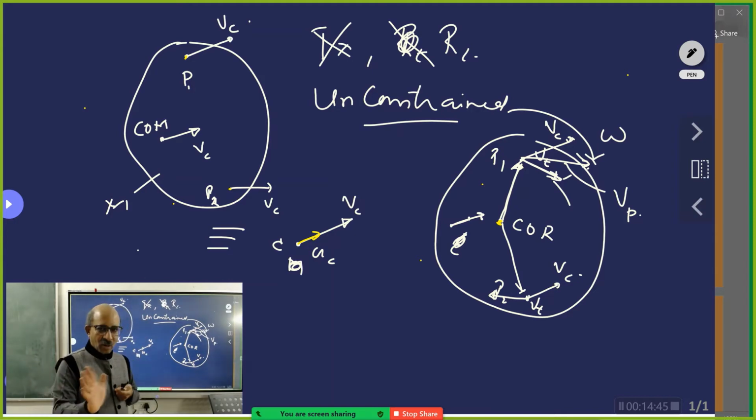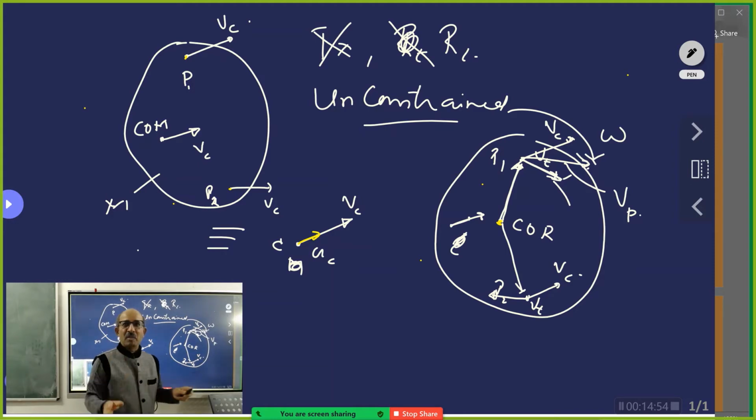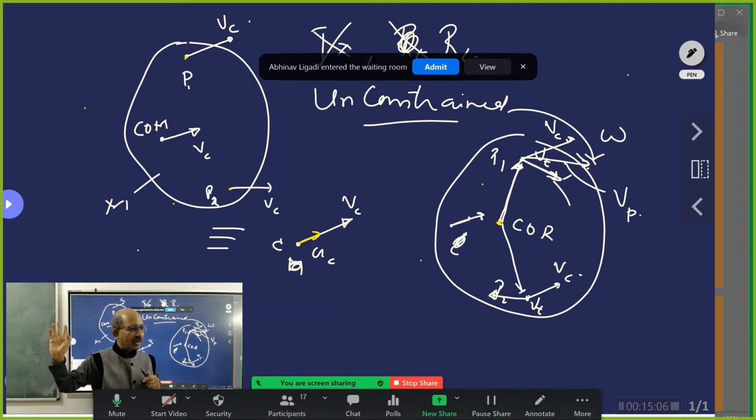There is no force acting on it. It is going by itself, not touching any object. And nobody should ask me, sir, what about air resistance? Unless otherwise specified, when I say it is a free body, it is unconstrained. No external force is acting. So it is rotating and also translating.